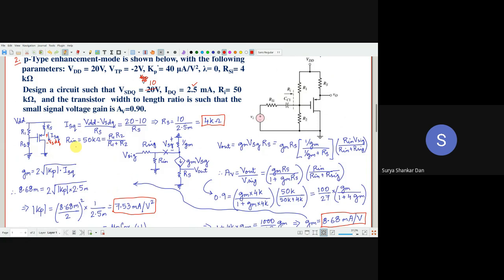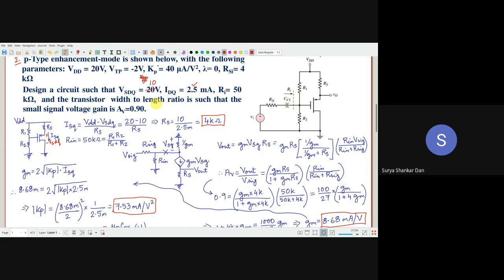Now, what is the value of R in? R in is given as 50. So that will be equal to R1 R2 by R1 plus R2. Now you can also find out the values of R1 and R2, because you can find out the value of the VGSQ and determine R1, R2 also.